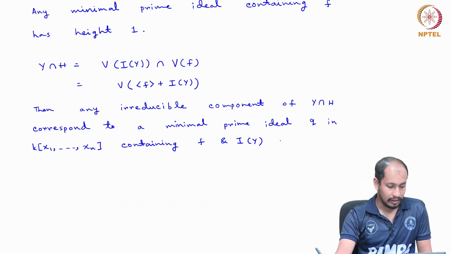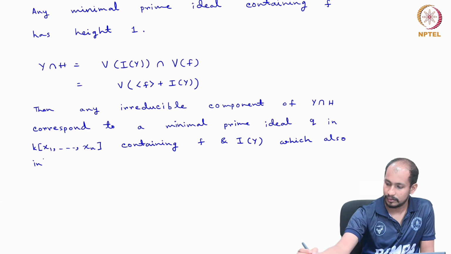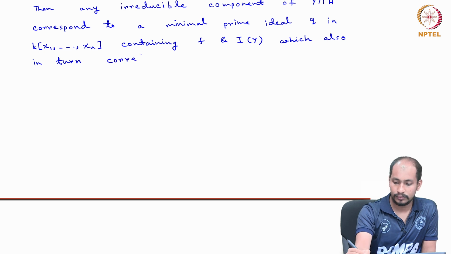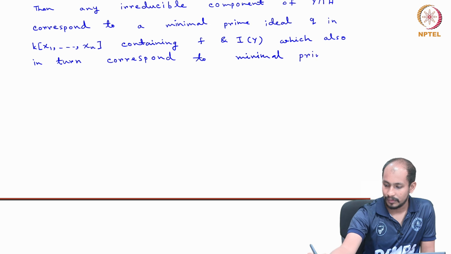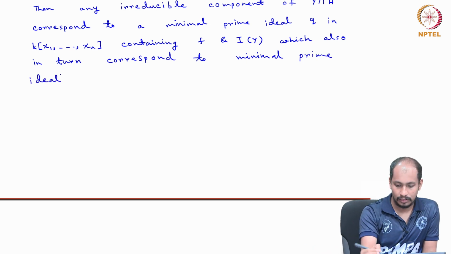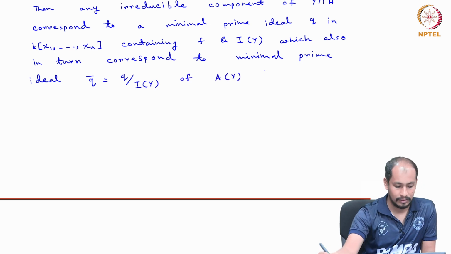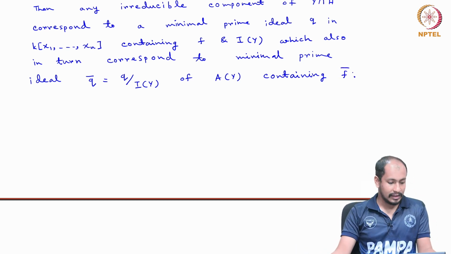And this in turn corresponds to a minimal prime ideal q bar, which is nothing but q modulo I_Y, of A_Y containing f bar, right.